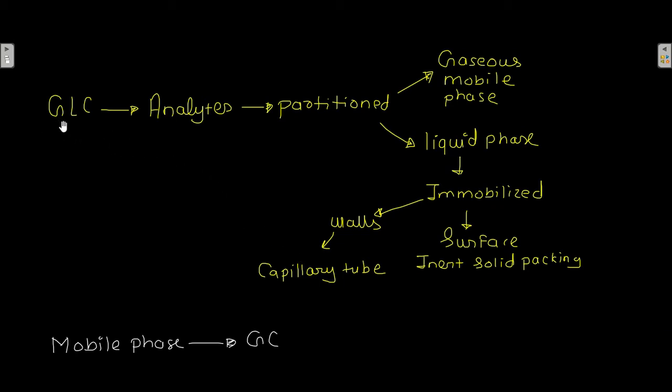In GLC, the analytes are partitioned between the gaseous mobile phase and the liquid phase, which is immobilized on the surface of an inert solid packing or the walls of a capillary tube. So either there is a wall of a capillary tube on which the liquid phase is immobilized, or there is a solid whose inert surface is used for immobilization of the liquid phase. So in GLC, the analytes are partitioned between the gaseous mobile phase and the liquid phase.